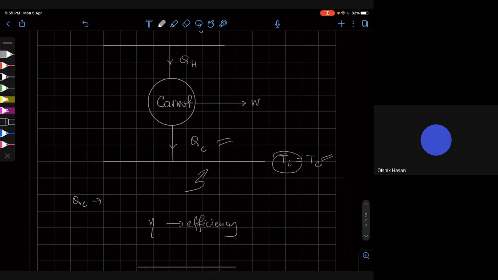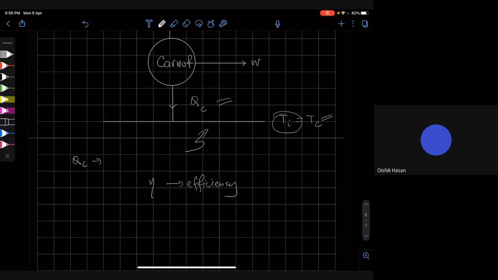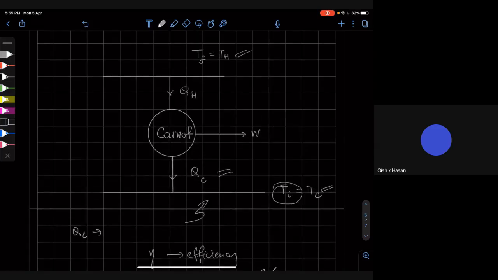Okay, and there's also another expression for the efficiency, which we just used a minute ago, which has to do with QH plus or minus QC divided by QH, right? So you know what the efficiency is, you know what QC is, so you can find out what QH is.